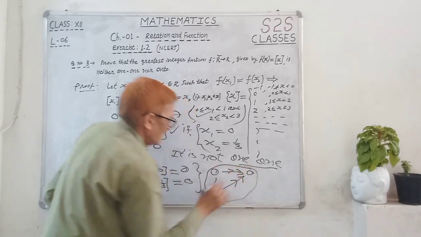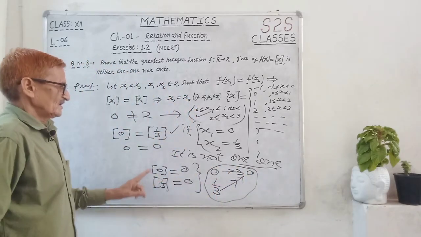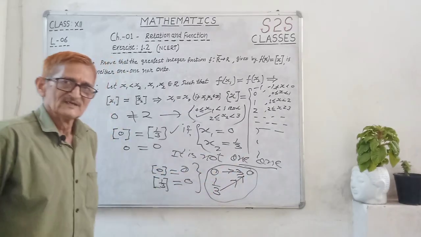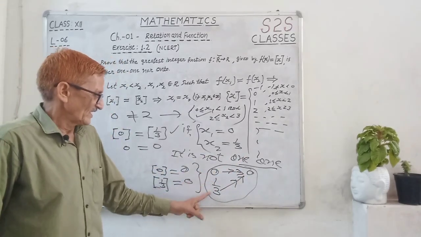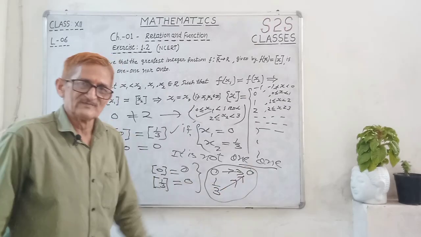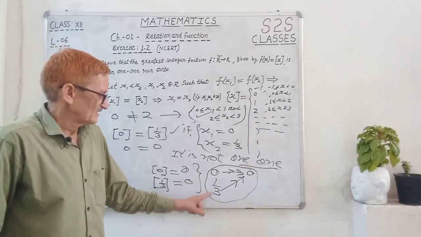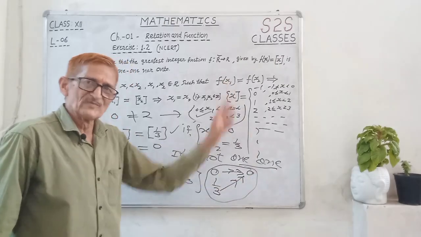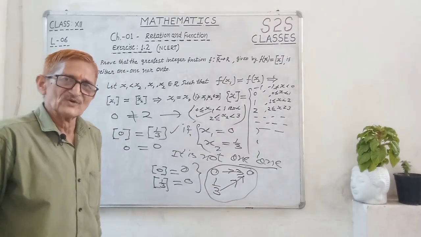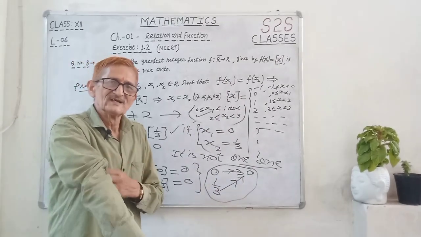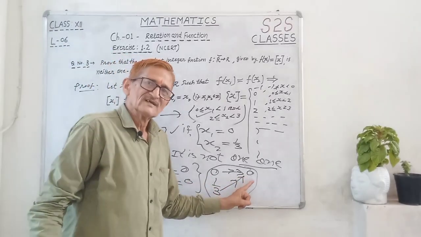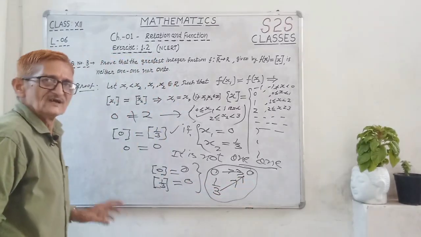From this example it is clear that it is not 1/1, it is many one, because different inputs give the same output 0. Many examples like this are there. For two different inputs the images are the same, so it is not 1/1.